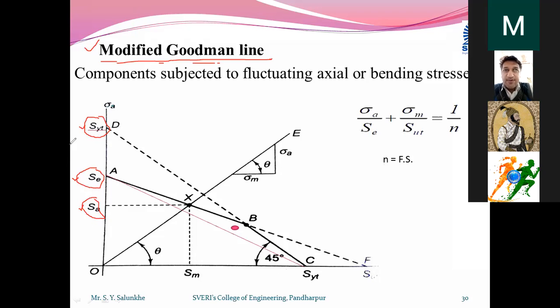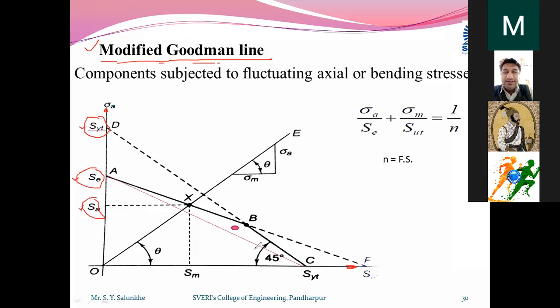He has taken the yield stress value on the y-axis as well as on the x-axis. The stress values shown on the axes are the stress which has been generated in the component.